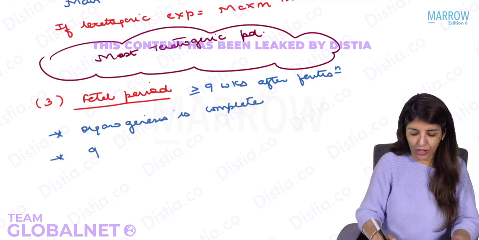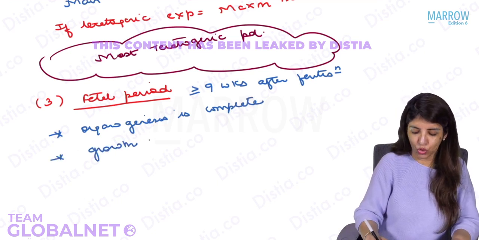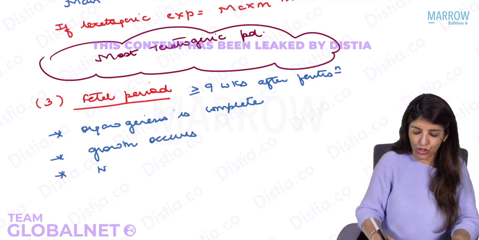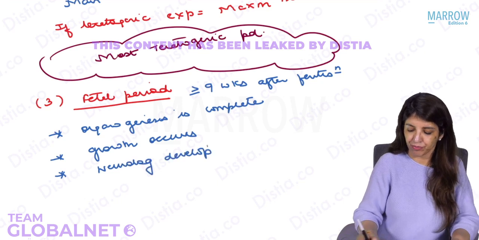But growth of the fetus is going to happen. Growth of the fetus occurs during this period, and neurological development occurs during this period, right?